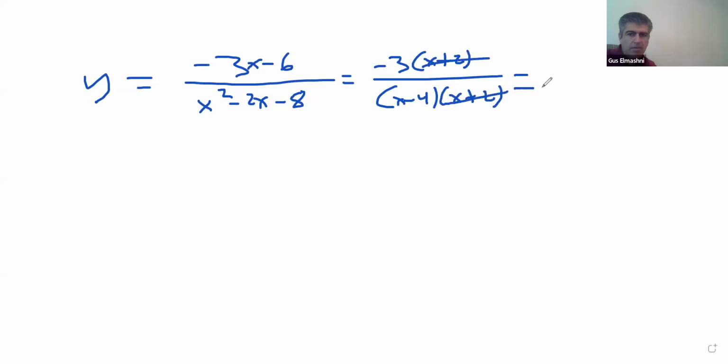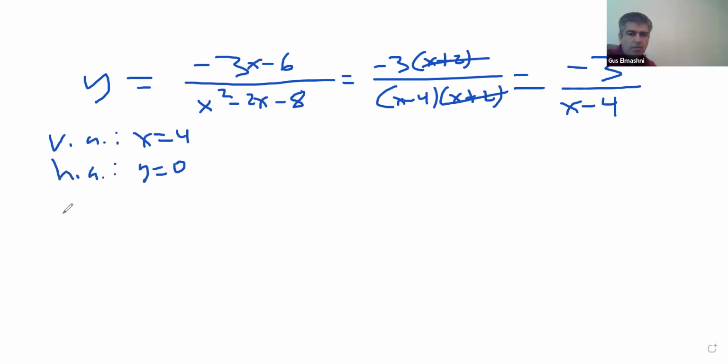Yeah, we have a hole, and there is no horizontal asymptote. Wait, no, y equals 0. Yeah, so your VA would be 4. Your HA is y equals 0. Your hole, putting -2 in, is 1/2.